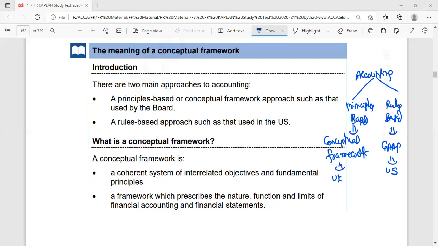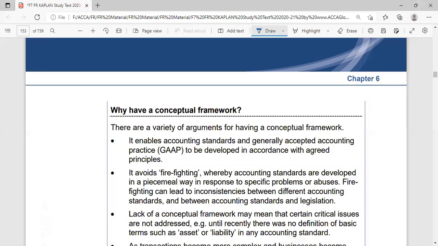So this set of rules and guidelines relating to the recording of financial transactions is provided by the conceptual framework. The conceptual framework is a coherent system of interrelated objectives and fundamental principles, a framework which prescribes the nature, function, and limits of financial accounting and financial statements.